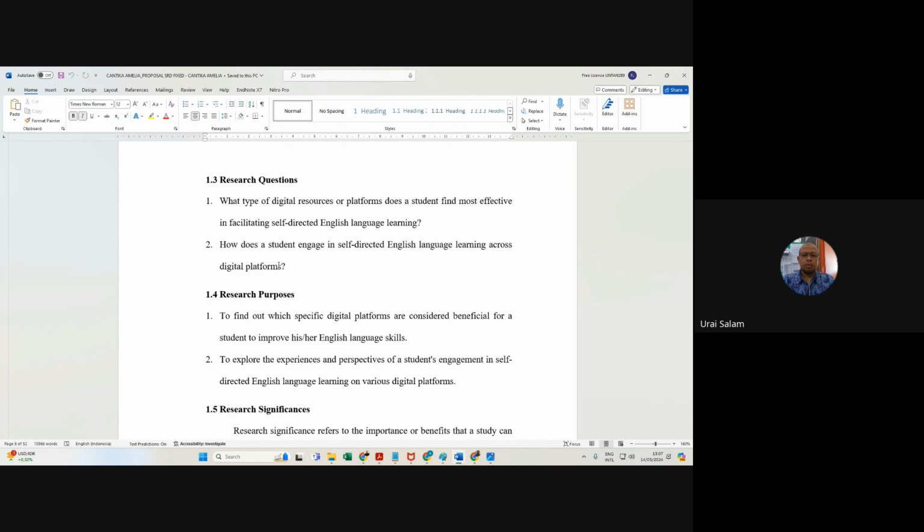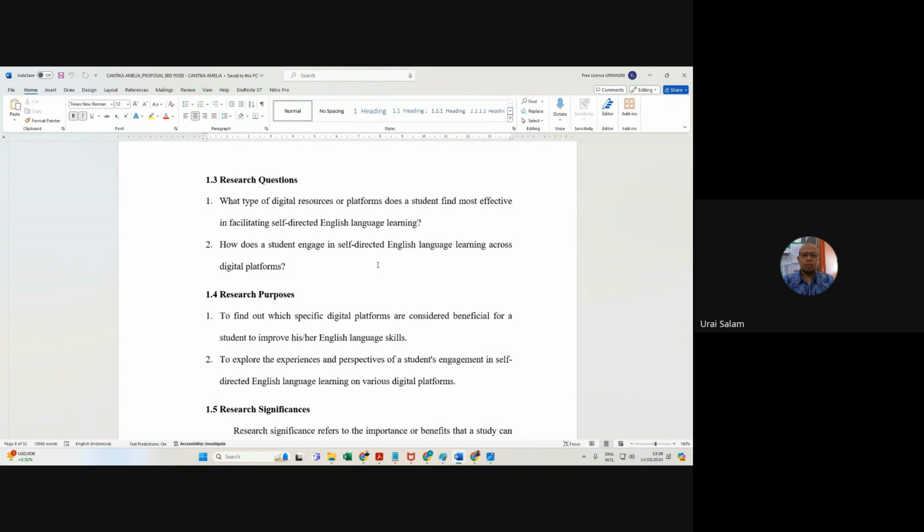Okay, that's good. And later, when you are doing your real investigation, you need to have more questions here, particularly about self-directed learning. You have to break down what activities are involved in self-directed learning.